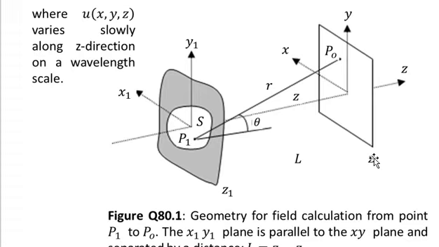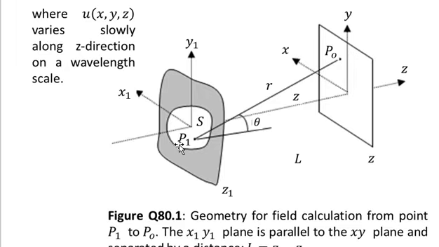The other plane is at any other location z, separated from the previous plane by a distance capital L. Both planes are parallel to each other, so the x1 axis and y1 axis are parallel to the corresponding x and y axes respectively. R is the vector which connects the point P1 to the point P0. Capital L is the separation between the two planes.